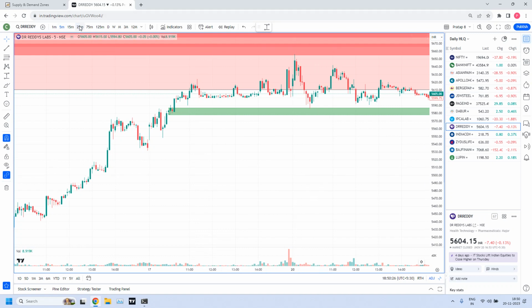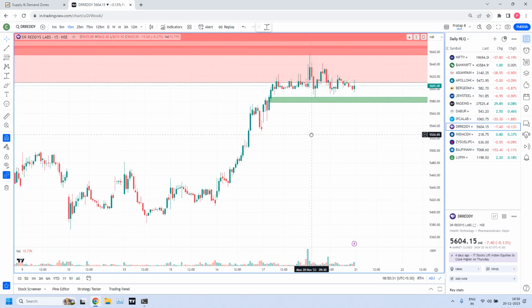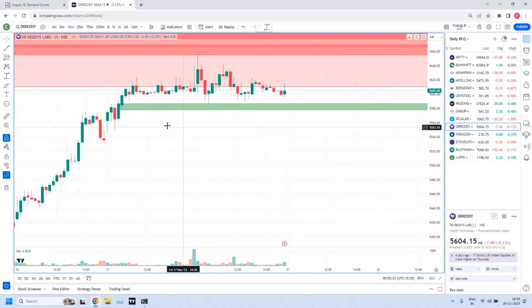If we want to check where the 15 minutes is, let us verify. Is there any 15 minutes area here? We have a 15 minutes here. Drop, base, rally.